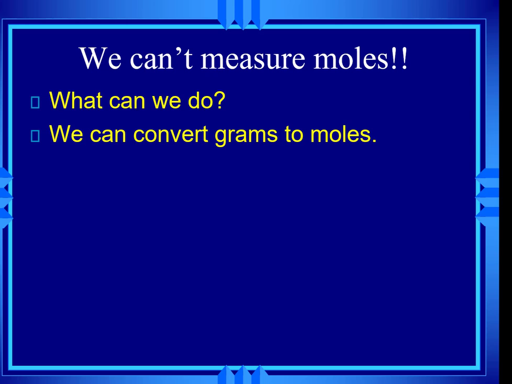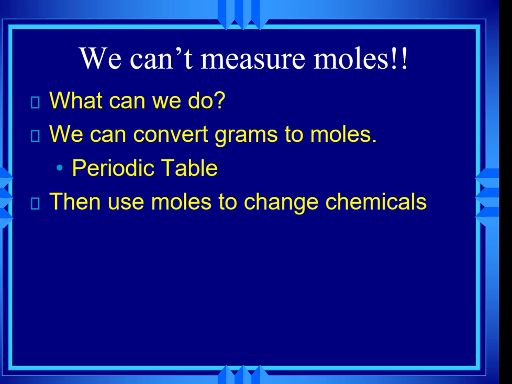Right? And where do we get the numbers for changing grams into moles? It's the molar mass off the periodic table. Then once I get moles, I have a conversion factor where I can change chemicals, and I'm going to get those conversion factors from the balanced equation.